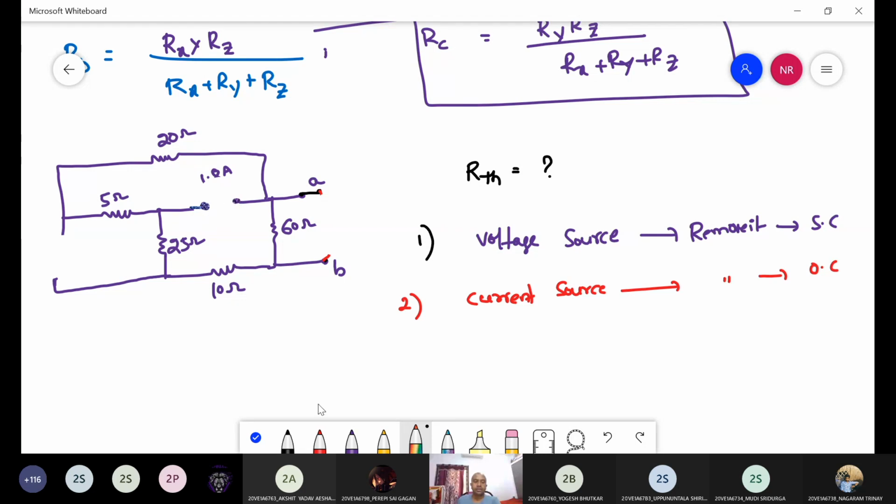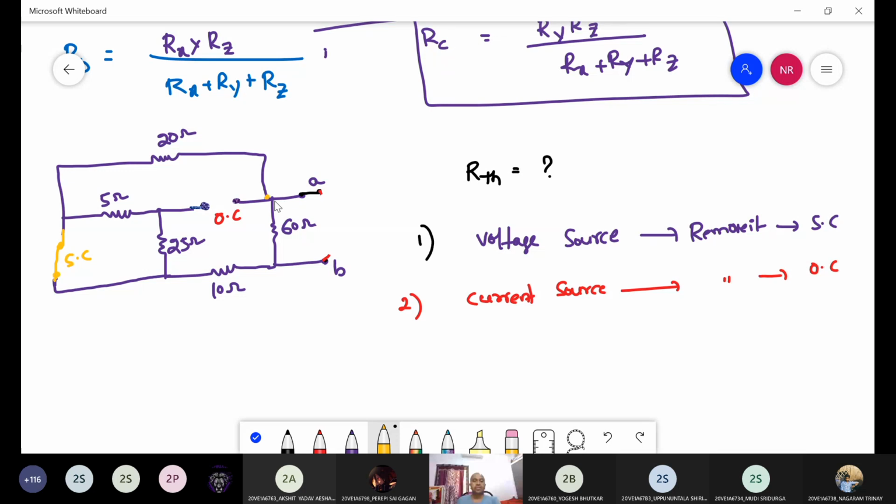Here it is open circuit. Then here what we have to do, short circuit, right? So now for this circuit, calculate the equivalent resistance, right?